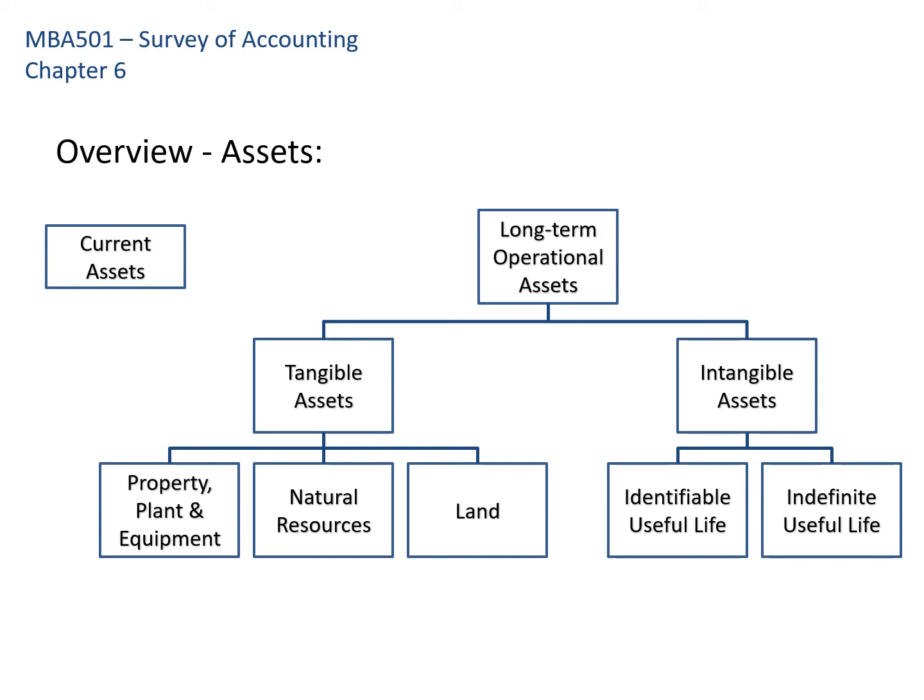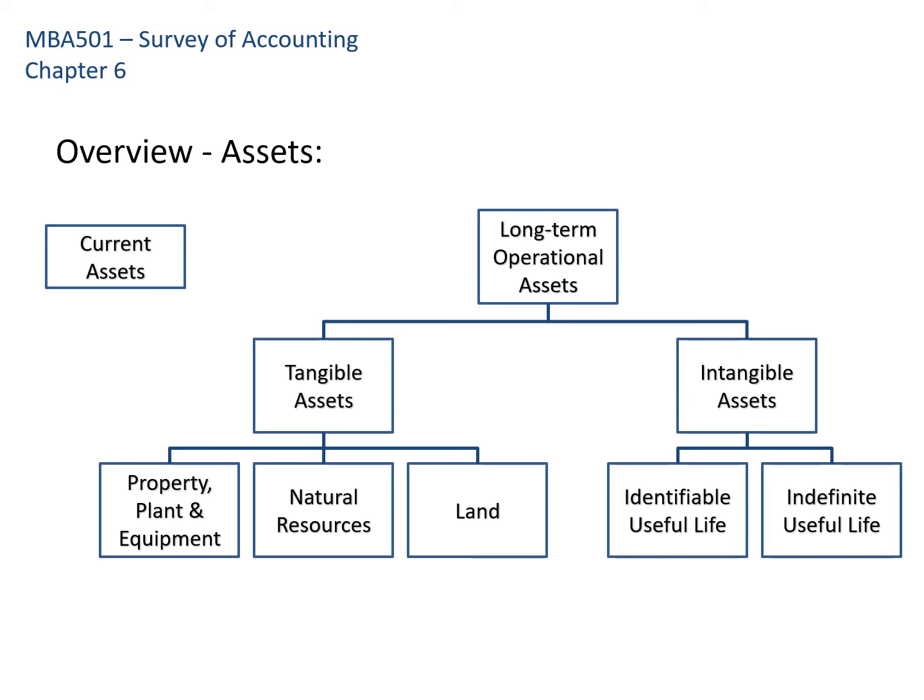I'll divide long-term operational assets into two categories. One would be tangible assets. Tangible assets, of course, are things that you can touch and see. You'd go into the business and identify those by looking at them. That would include property, plant, and equipment. Plant is another word for factory.